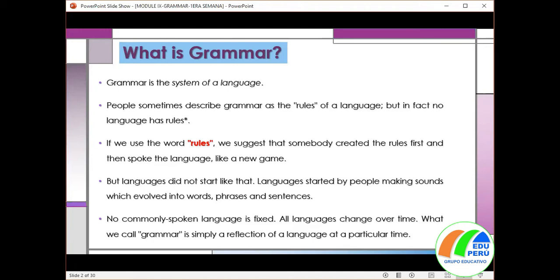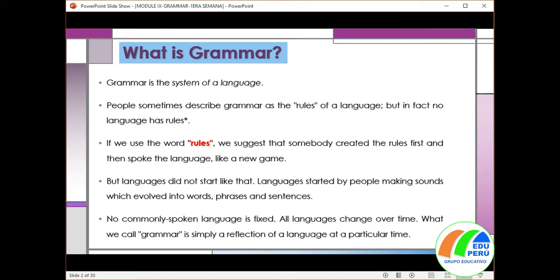We are going to change some rules of the language. And also, in this part we could say rules, we change these structures, these patterns, depending on the region. For example, if we compare American English and British English, there are some differences in the structures, not completely, just a few differences, and also in the vocabulary and in the pronunciation.